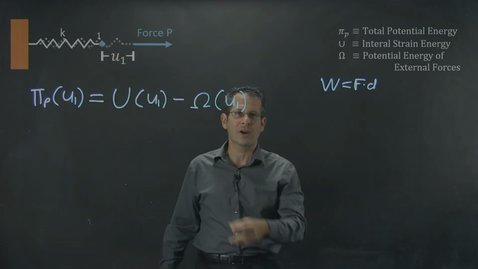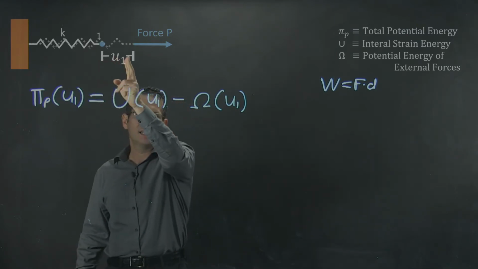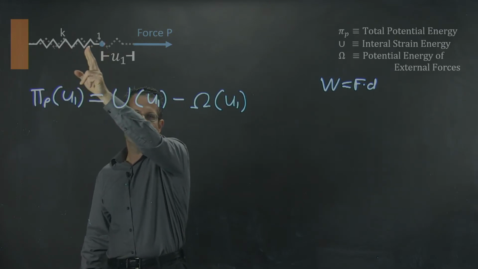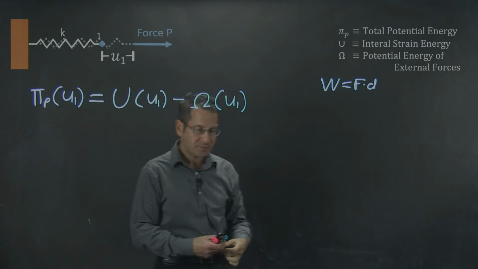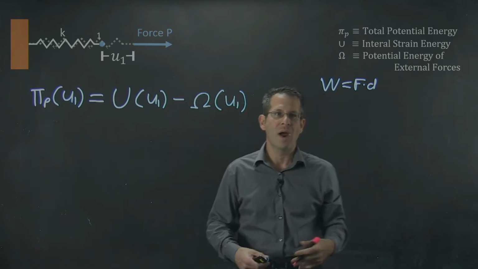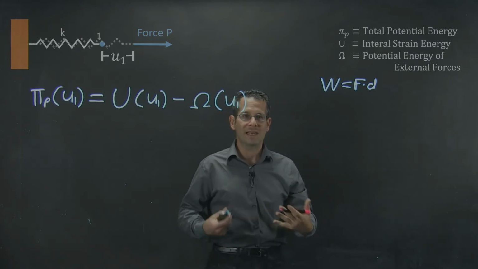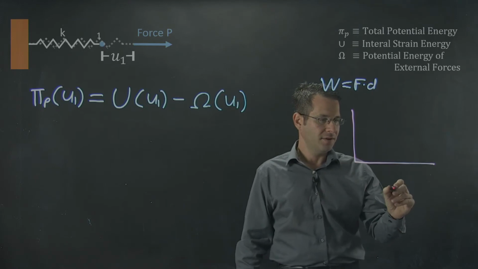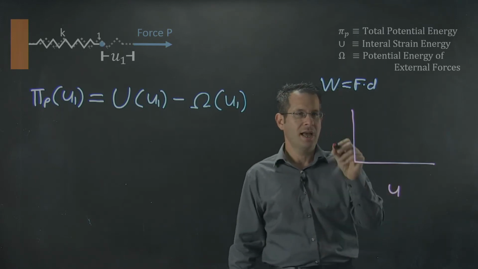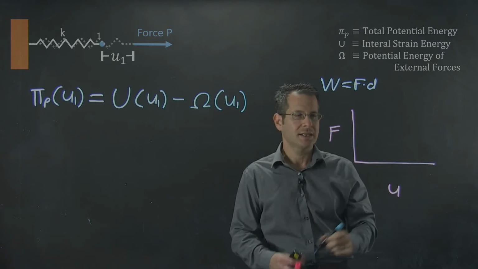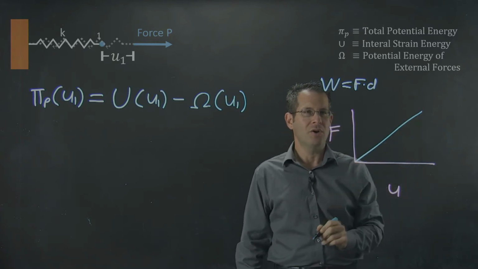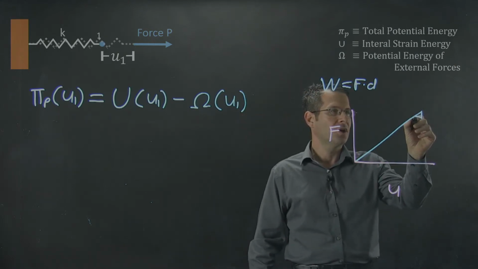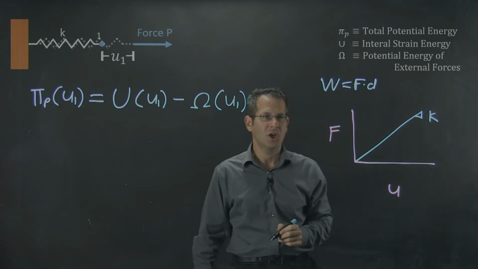The force required to move this point any distance actually increases because of Hooke's law with the amount that this spring has already moved. In fact, if this is my amount of displacement and this is my force, we expect that the amount of force required to move some distance would be this line with a slope given by K. That's Hooke's law.